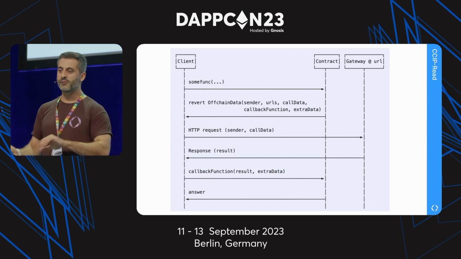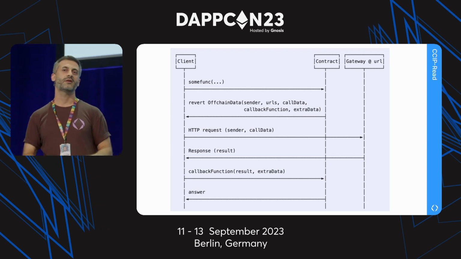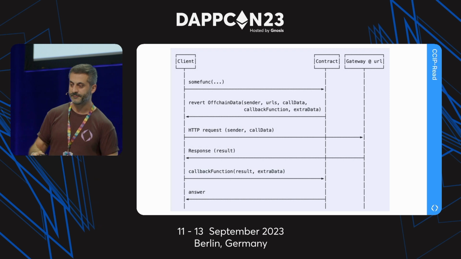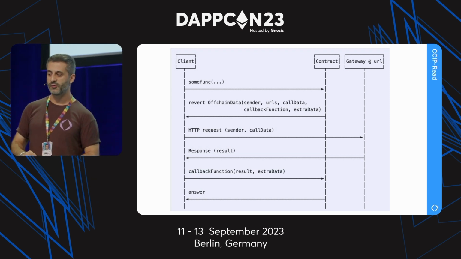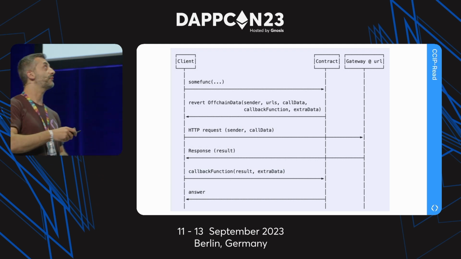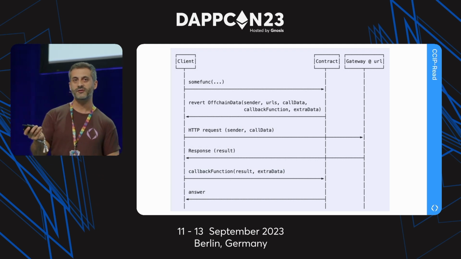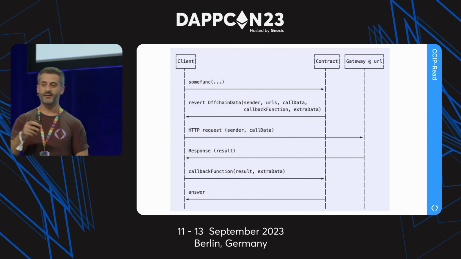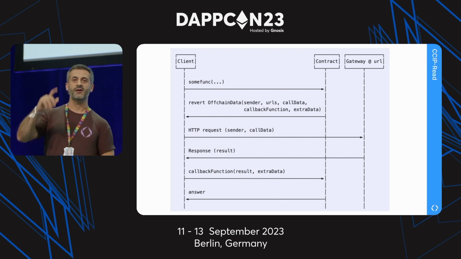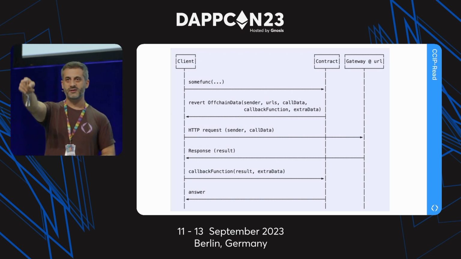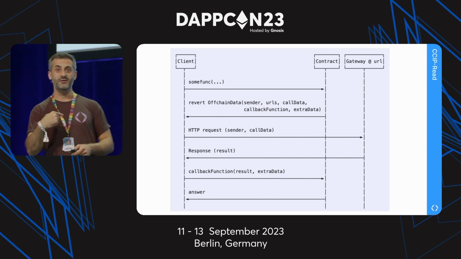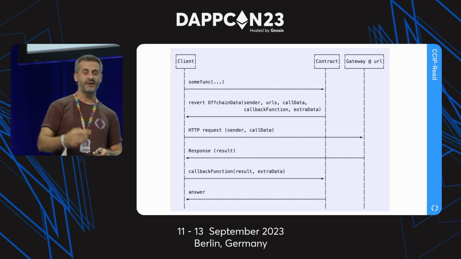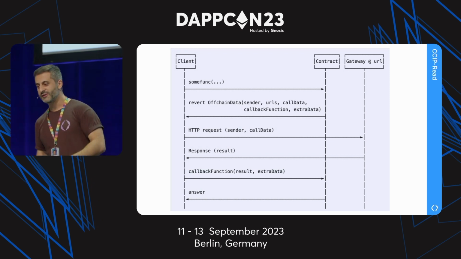In the off-chain data error, we have one other parameter, which is called the callback function. The contract tells you, hey, you're going to go to this gateway, you're going to get the information, but later you're going to come back to me with that information. I will resolve it for you. And then we get the information.